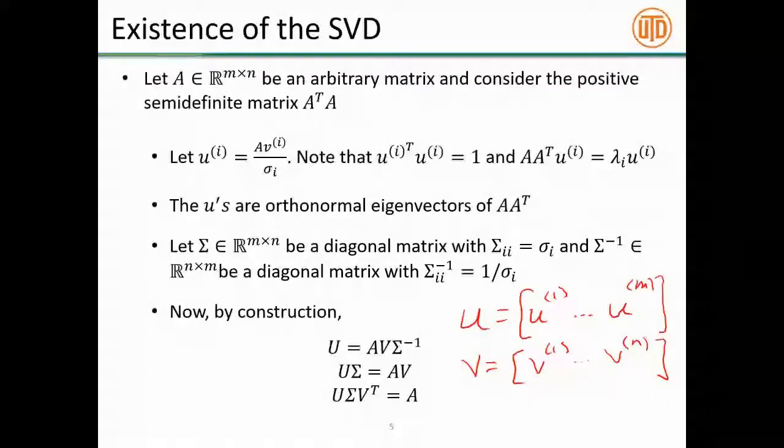The way that we constructed the u's, we only construct one for each v. So in the case that A transpose A is full dimensional, it means that n has to be less than or equal to m. So technically what we would have done was only construct one u for every v, like this.